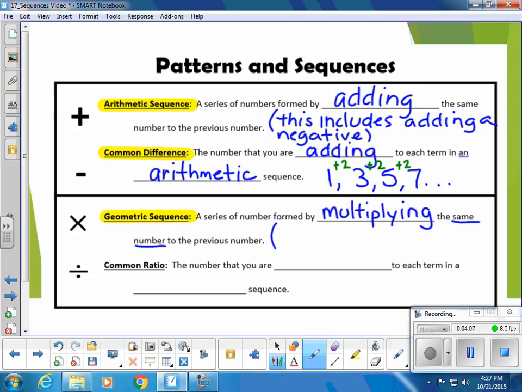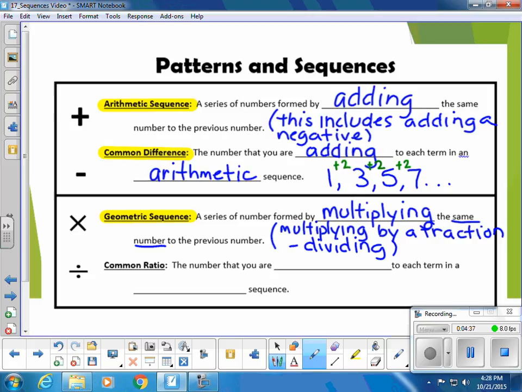And with this one, just like we had adding a negative, this includes multiplying by negatives, but it also includes multiplying by a fraction, which is the same as dividing. Because if I multiply by 1/2, that's the same as dividing by 2.